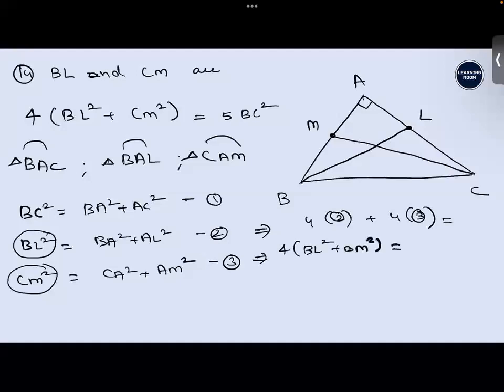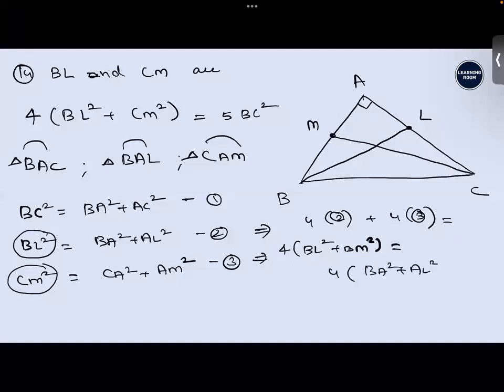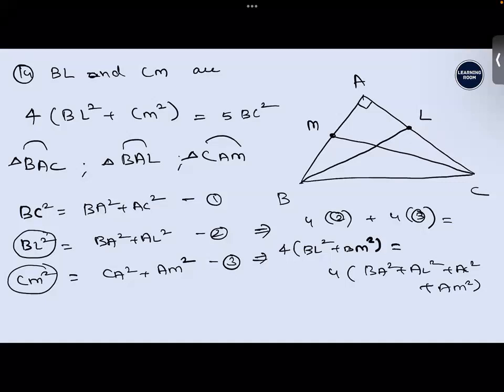This is equal to 4 times BA square plus AL square plus AC square plus AM square. Can I do that? Observe. I multiplied the second equation with 4, the third equation with 4 and added them.